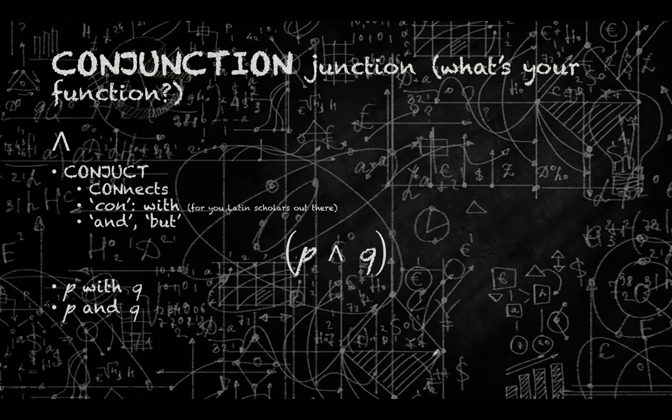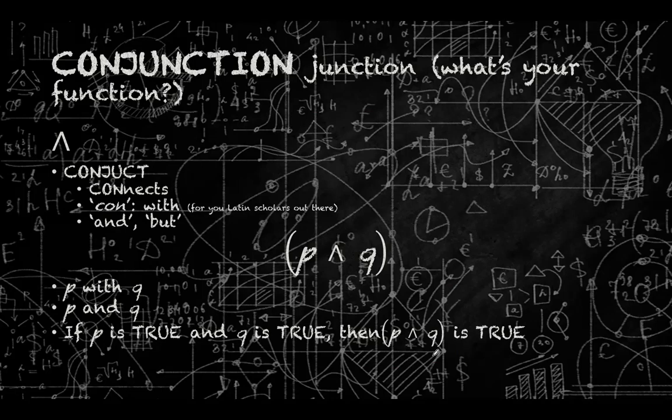Right? It's more like an addition sign. I'm just adding these things, connecting them together, and saying both these things are true. Okay? So if P is true and Q is true, right, then P conjunct Q is true.